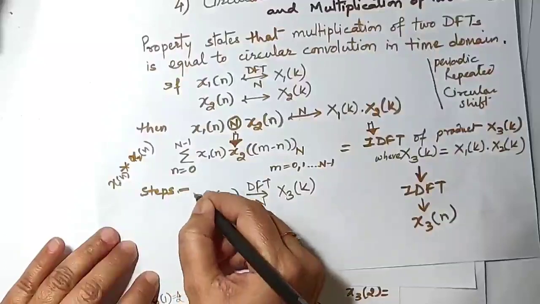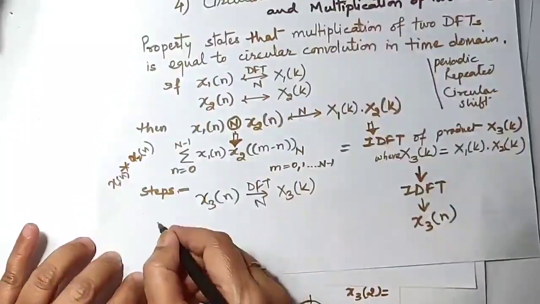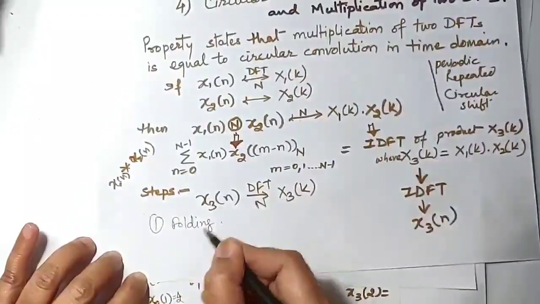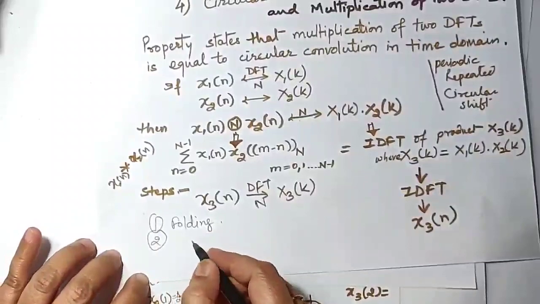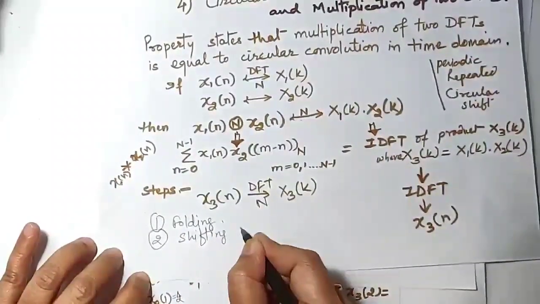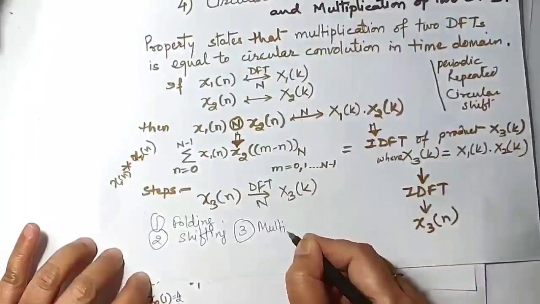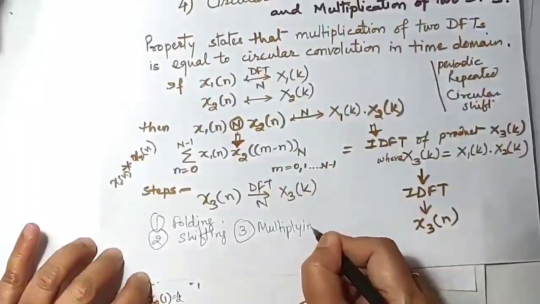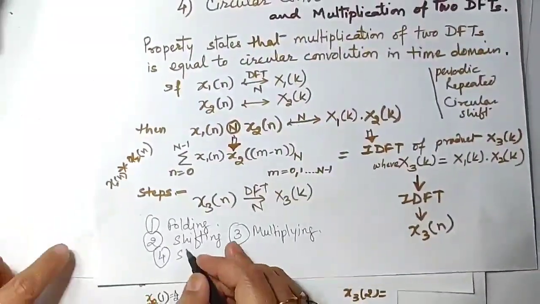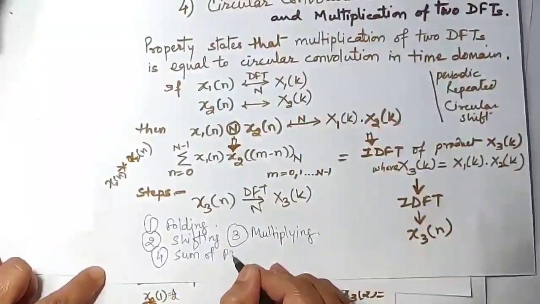To get the circular convolution, the steps we used to do are: first folding, second shifting, third multiplying, then fourth, sum of products.